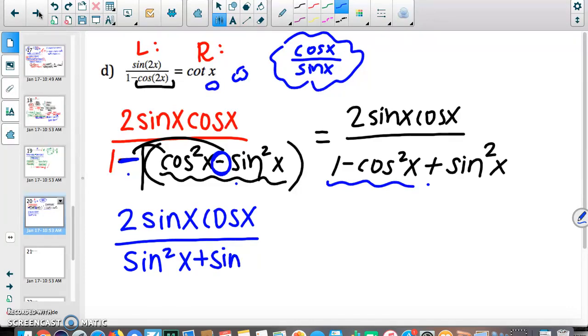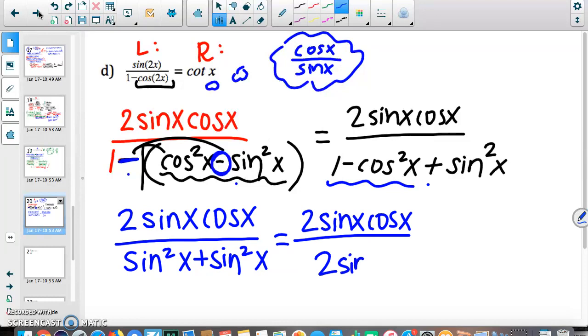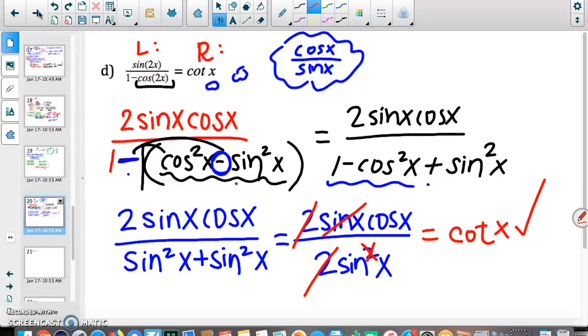And sine squared plus sine squared is just 2 sine squared. And then what do I notice happens? The 2's cancel, and one of my sines cancel, and I'm left with just cotangent. Awesome! So 1 minus cosine squared, I substituted that in for sine squared.